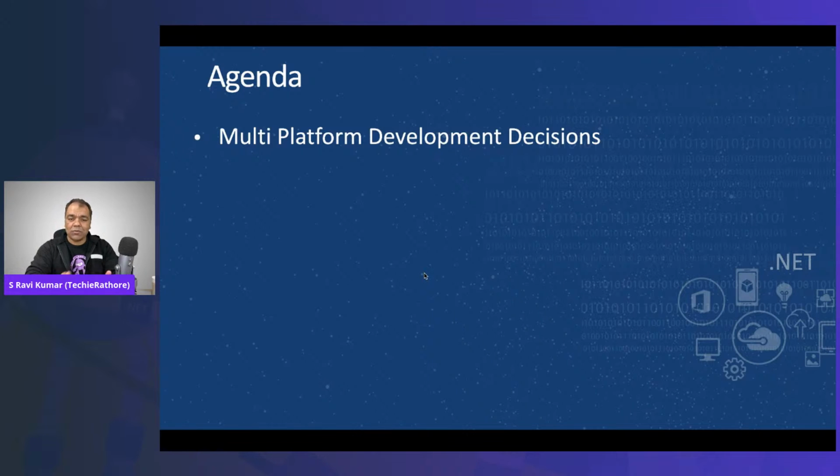I'm using Mac OS, and I also happen to have a Windows system. 90% of people in India have Windows machines, and many people have Linux machines also. So when we are creating an application, what are the multi-platform decisions we have to take?